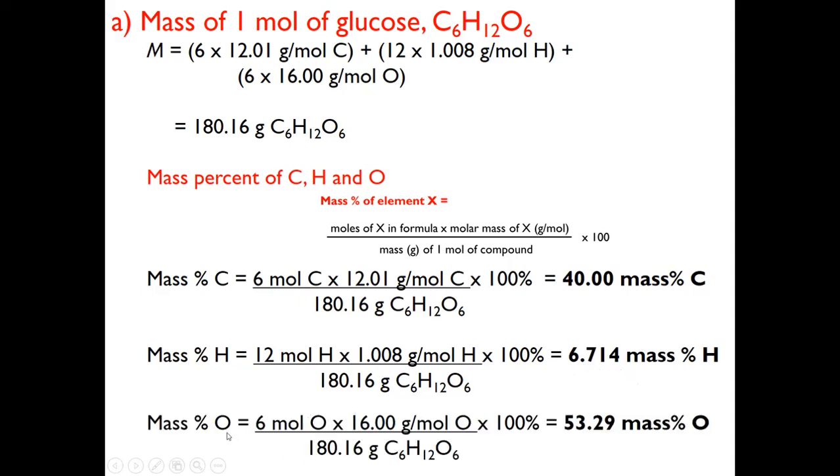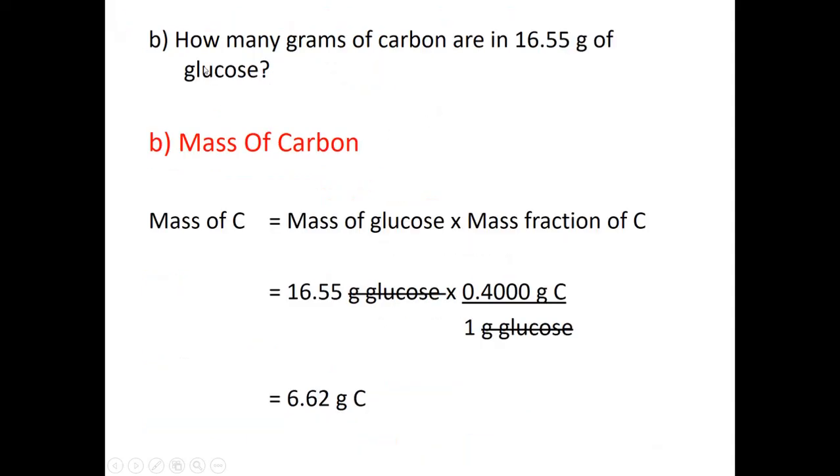And for the mass percent of oxygen, 6 times 16 divided by 180 times 100, then you get 53.29 mass percent.